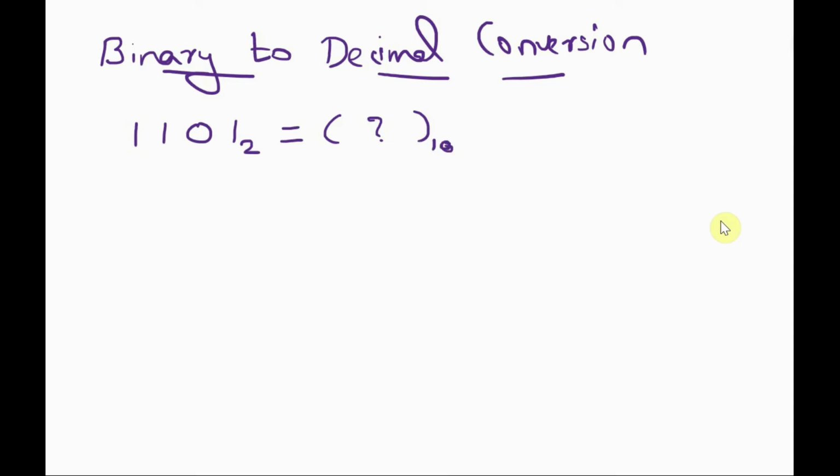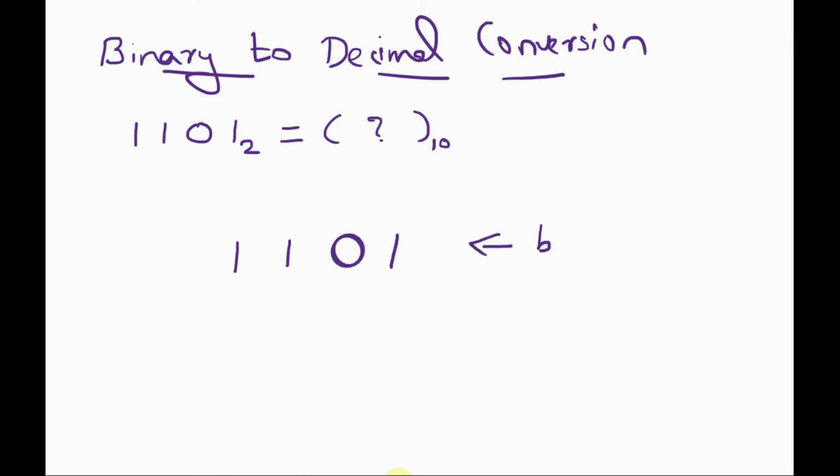So what is the method? The method is very simple. First write the binary number, that is 1101. Now write the weights of each bit.